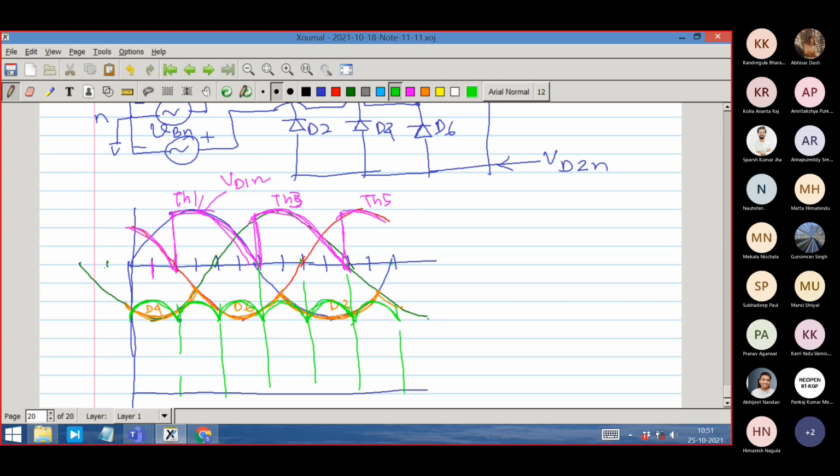Right. And what will be the value? Can anybody guess the value of this from the basic formula? What was the formula?